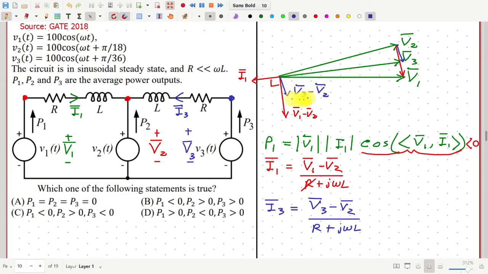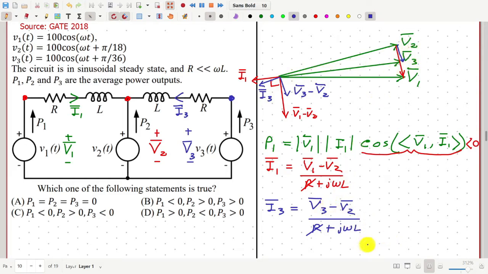And then when we divide this by j omega L, R is negligible. When we divide by j omega L, we will get I3, which will be here at an angle 90° from V3 minus V2 and lagging V3 minus V2. This is I3 bar. So once again, I3 is in a direction quite opposite to that of V3.